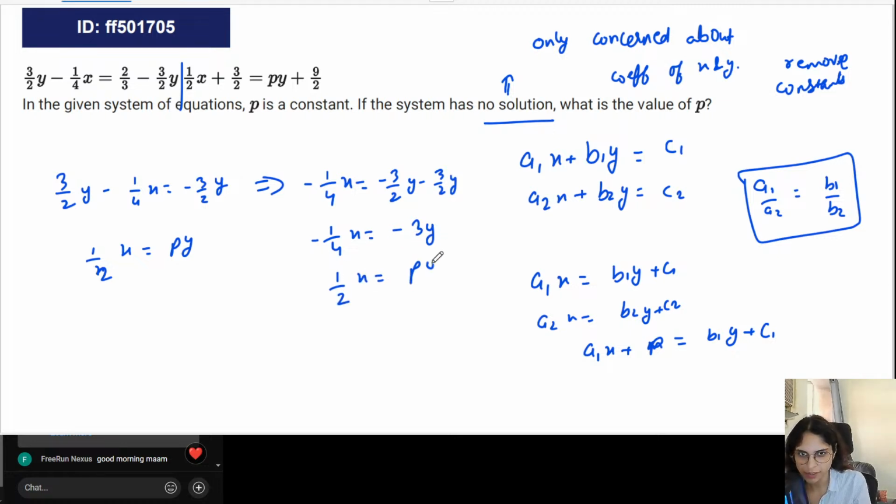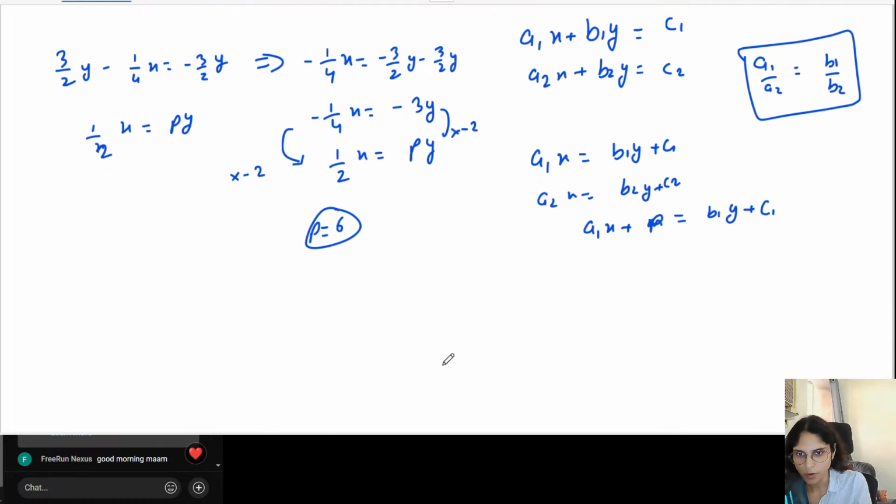Half x equals py. Now a1 over a2 should be equal to b1 over b2. So here you're multiplying with -2. So here also you'll multiply with -2. P is equal to 6. Or if you want, you can write like this also, -1/4 over 1/2 equals -3 over p.